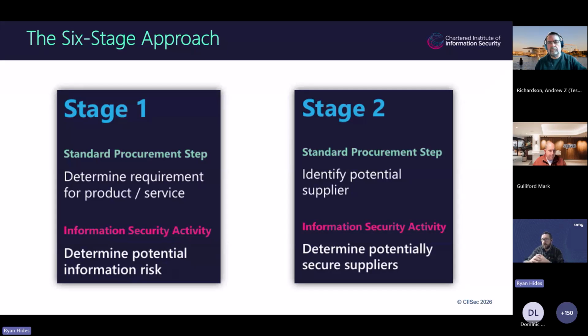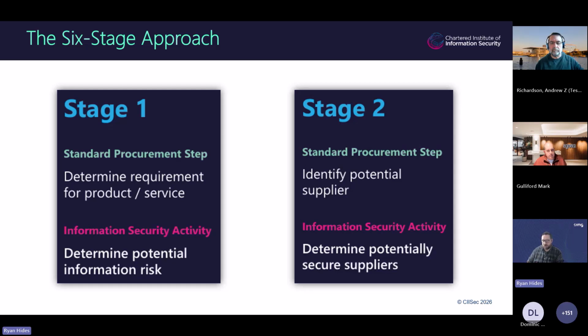Now, not all third-party risk management assurance teams are involved with procurement at this stage. If that's the case, don't worry about it. It is the ideal scenario, but we understand pragmatically it's not always possible.